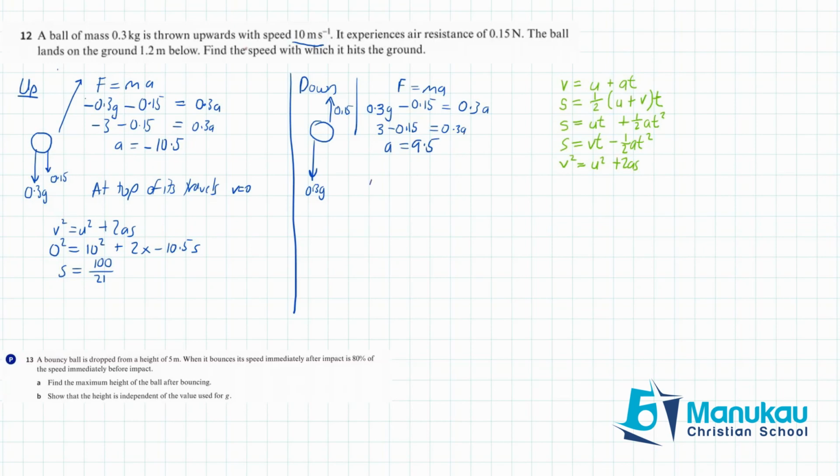Now, we know at start u is equal to 0, because u is now what we had over here when we were at the top of its travels. That's where we're starting from.